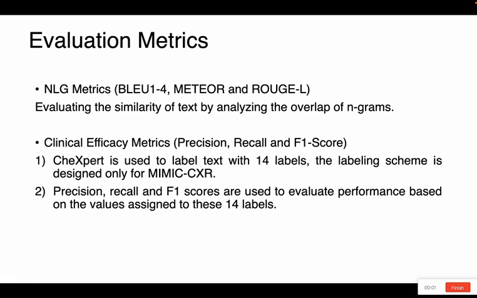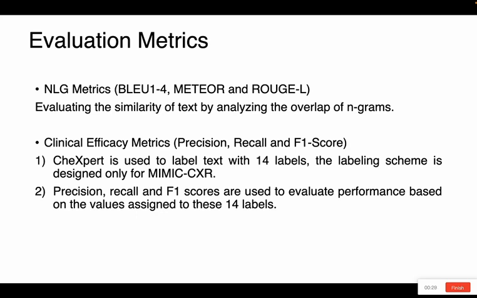We use NLG metrics and clinical efficacy metrics to evaluate radiology report findings generation. The NLG metrics assess the similarity of generated text and reference text by analyzing the overlap of n-grams, and they include BLEU-1, 2, 4, METEOR, and ROUGE-L.